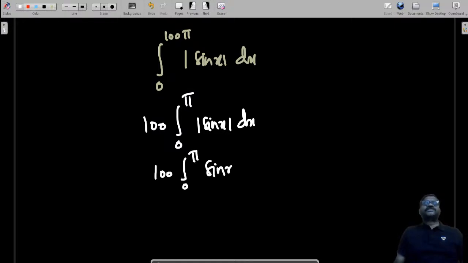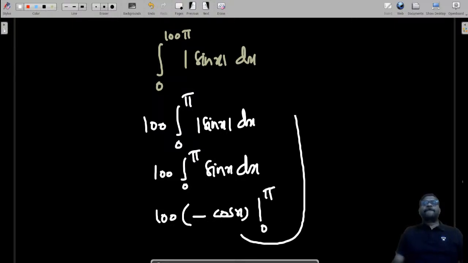Modulus of sin x is sin x in the interval 0 to pi. Integral sin x is minus cos x from 0 to pi. 100 into minus cos pi, so 1 minus of minus plus cos 0 is 1.